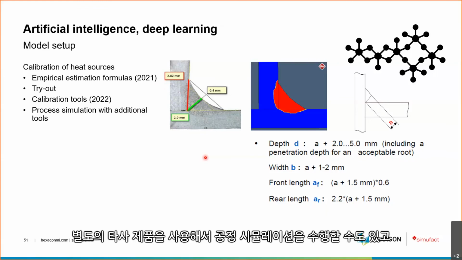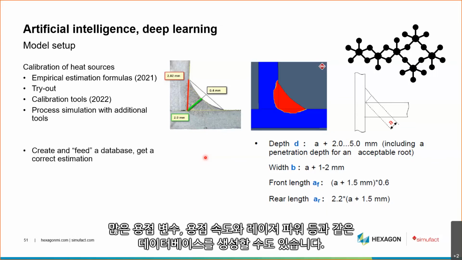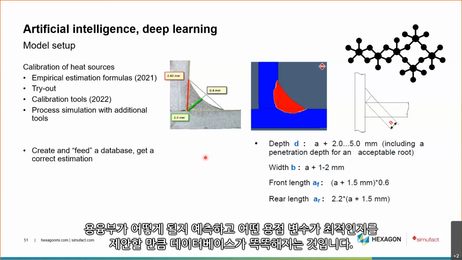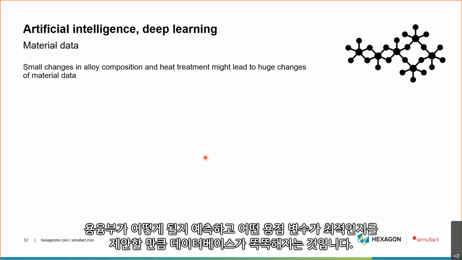One can also do process simulation with some additional third-party products, or one could think about creating and feeding a database with a lot of welding parameters, like welding velocity, laser power, and so on, and let the database be clever enough to predict what will happen with the melt pool, or maybe even to suggest what welding parameters are the best one.